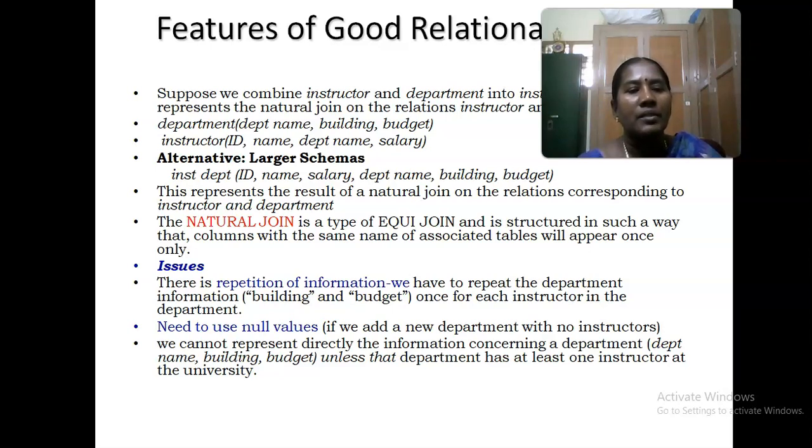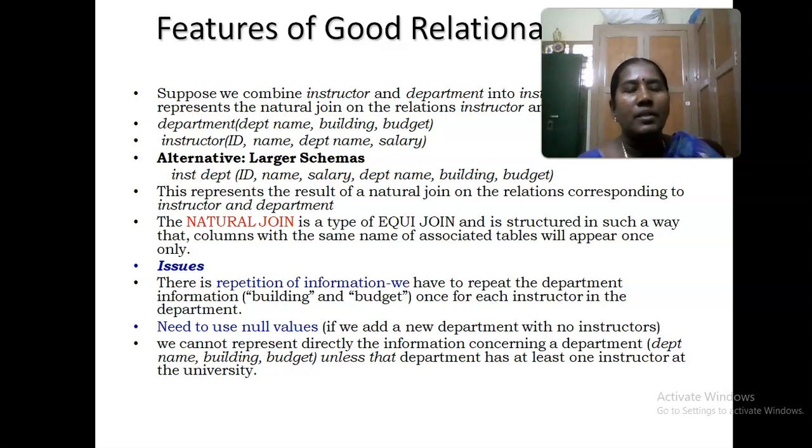Instructor schema consists of ID, name and department salary. When we combine these two schemas, it definitely produces a large schema. It contains the ID of the instructor, followed by the name of the instructor and salary, and followed by department name, building and budget.